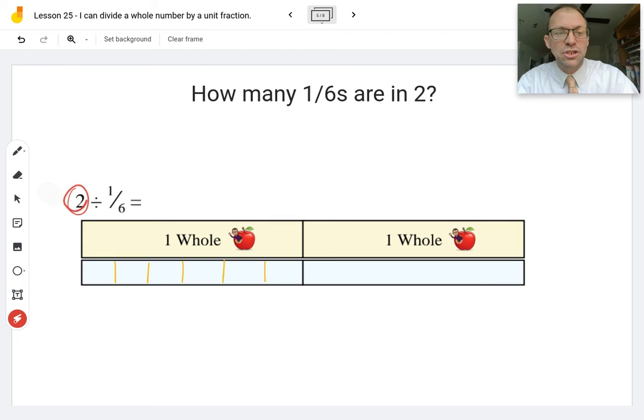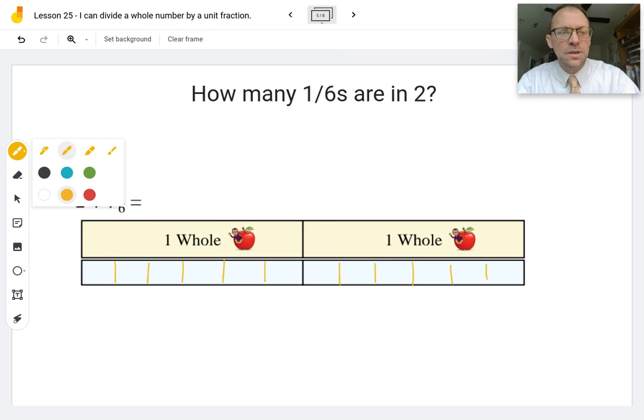Let's do the same thing now to the other whole, right? Because remember, we're dividing 2 by 1/6, not just one. So let's go ahead and divide this whole up into 6 as well. And now we have both wholes divided into 6. And so to figure out how many 1/6 are in 2, we have to count them all up.